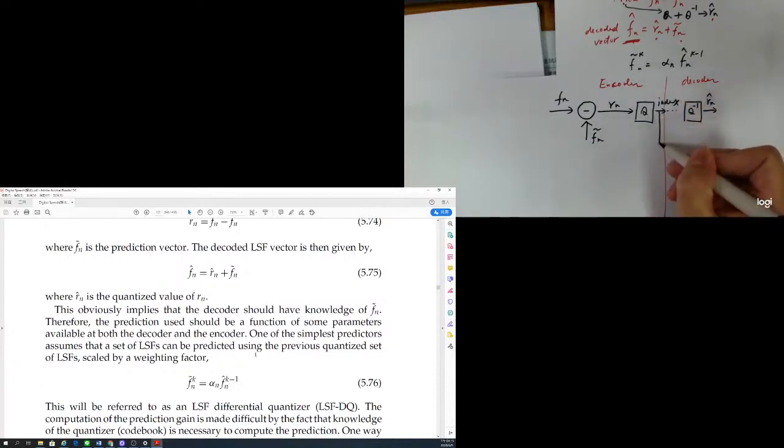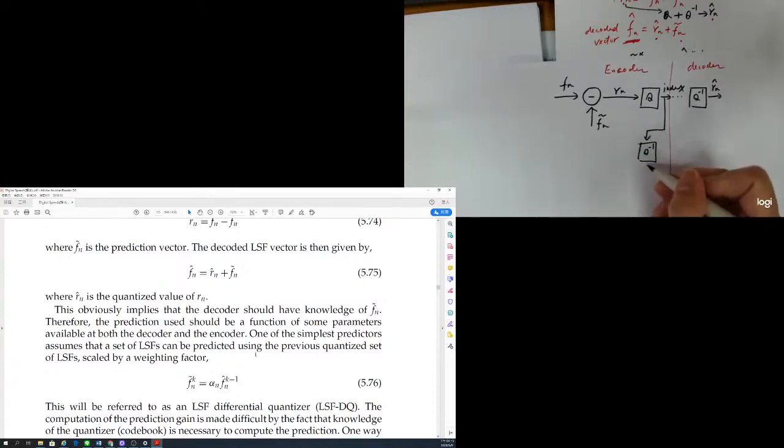However, the encoder side also includes the decoder side, so you can see Q inverse here, and you get R n hat.